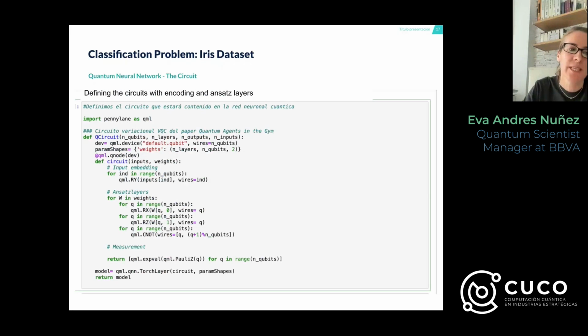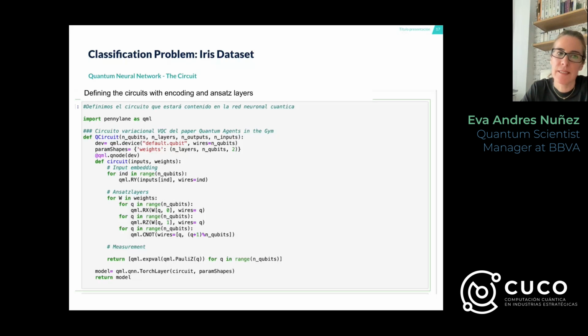In this case, we decided to use a very simple encoding layer because we have a very small number of features. So we only apply a rotation gate on the classical data. We obtain the input embedding. After that, we have to build the ansatz of the variational layers, which in this case is composed of rotation and entanglement gates.